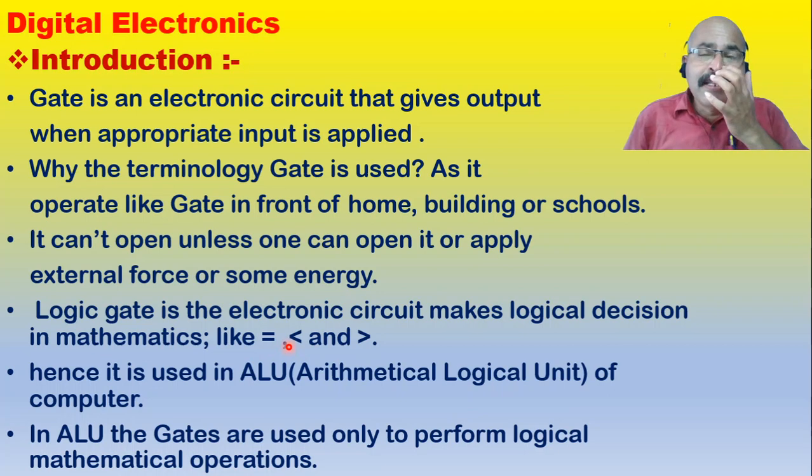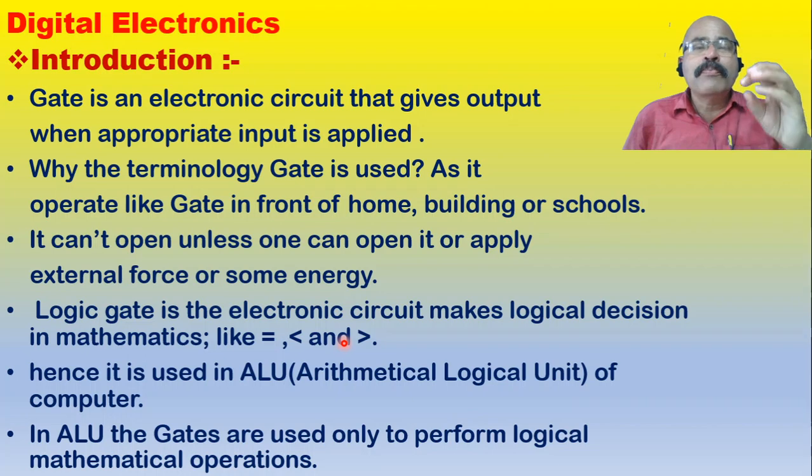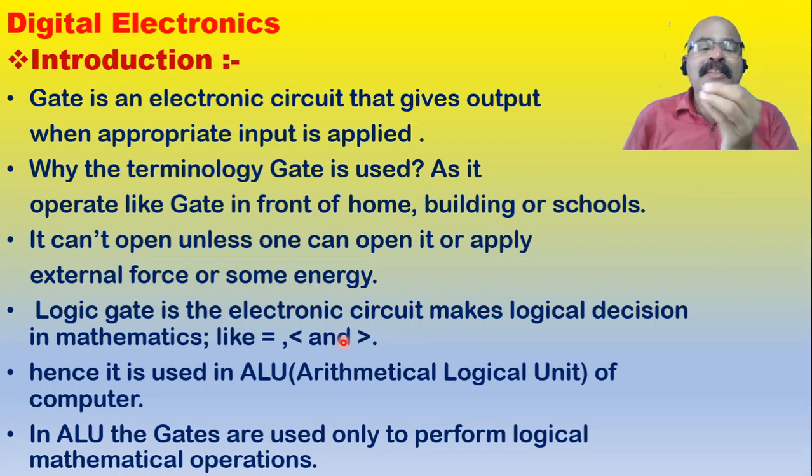This is greater than, this is less than. These are logical operations. For example, student A has greater height than student B, or student A has higher weight than B. It means a logical decision is being made.